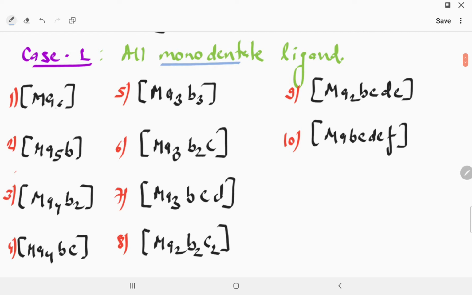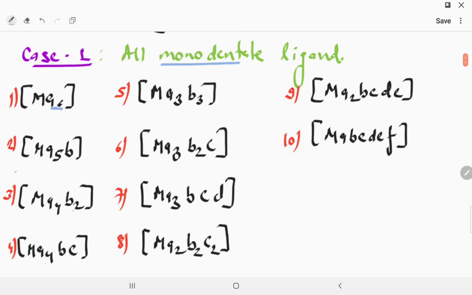So we can say MA6, where A is a monodentate ligand and the central metal atom is attached to all the same ligands. Now MA5B means 5 are the same ligand and 1 is different. Now MA4B2 means 4 ligands are the same and 2 are different, and these two are also the same.